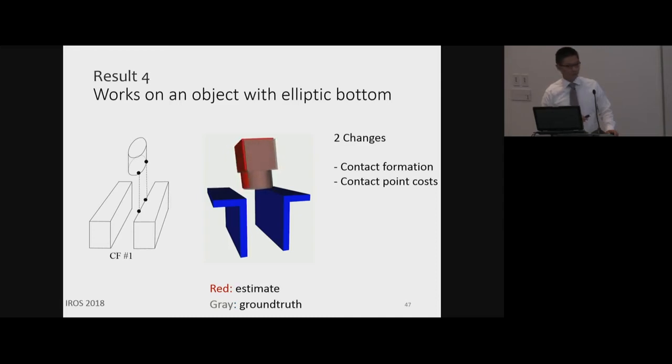One is we need to define a new set of contact formations, and we also need to collect new data and train the SVM. But we have this automatic labeling system, so this process will not be hard. And there's the contact point costs that we need to adjust, saying like the contact point is on the bottom of this object. So these are not hard, but need to be careful.